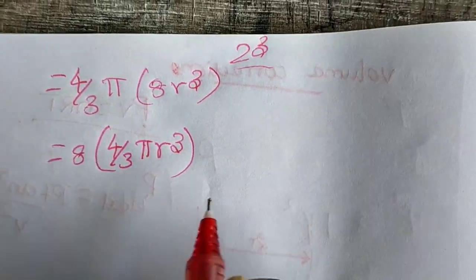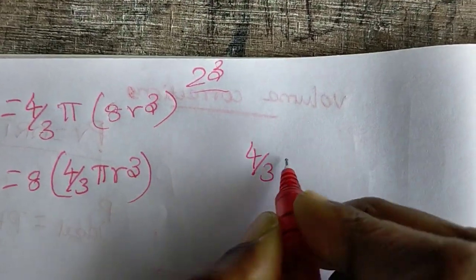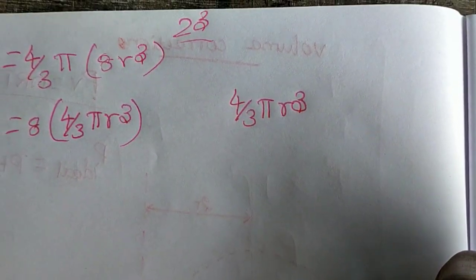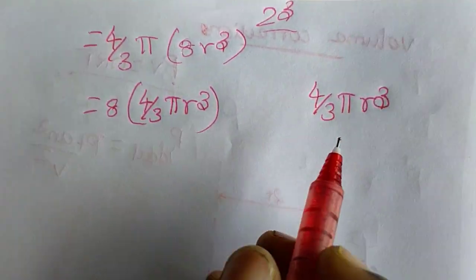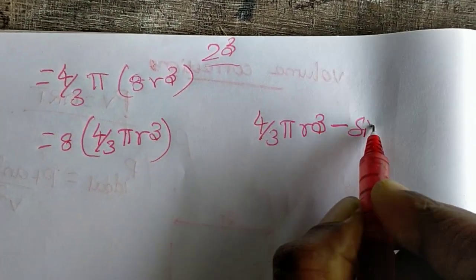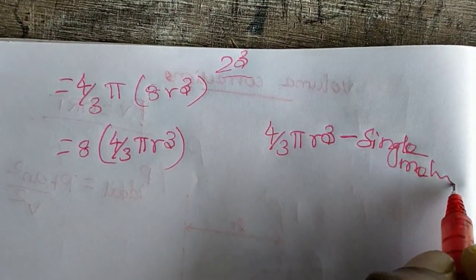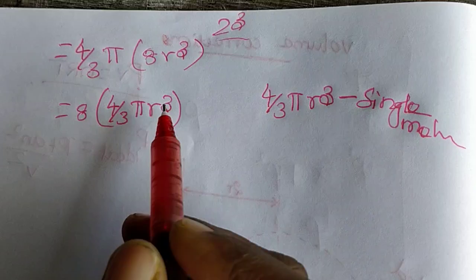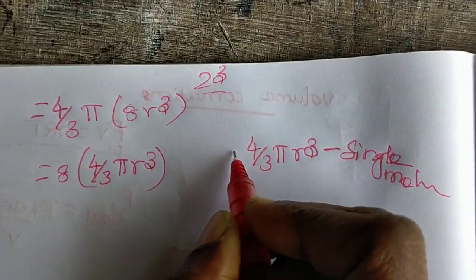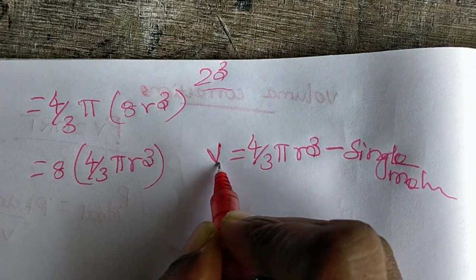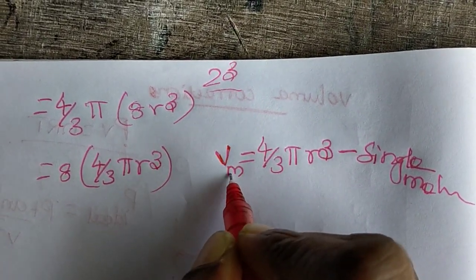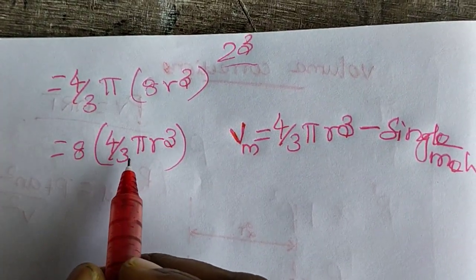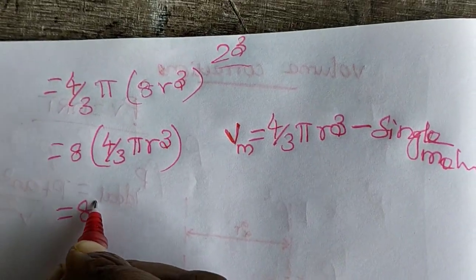And from the formula, you know that 4 by 3 pi r cubed is the volume of a single molecule, which we denote as Vm. Substituting Vm in place of 4 by 3 pi r cubed, it is 8 Vm.